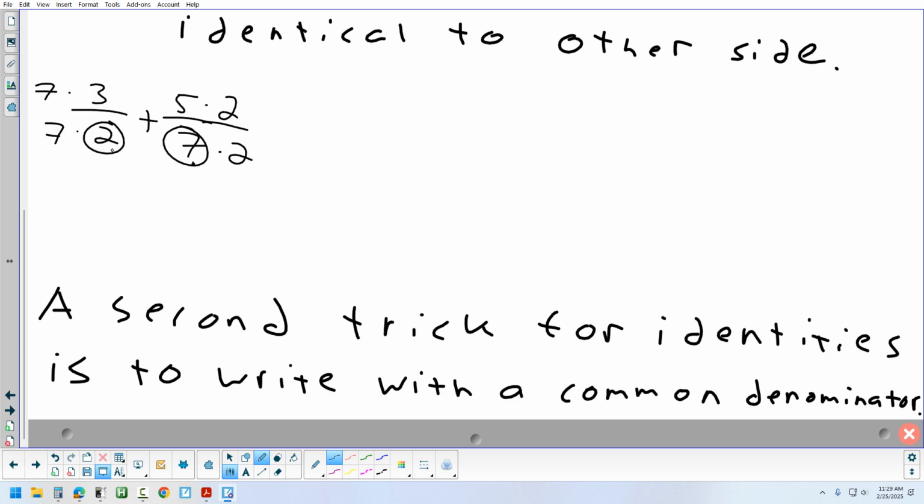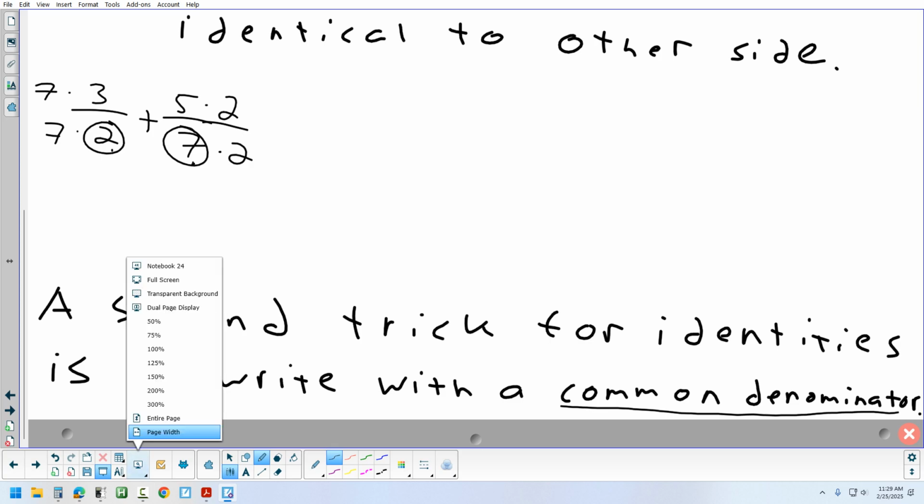Now, I'm not saying that every single identity problem is now going to have to do with common denominators. No, the first 2 didn't. We didn't have to do that at all. But it's just another trick that could come up that we can use. That one's just for addition and subtraction, right? Yeah, it only applies when you have addition or subtraction of fractions.